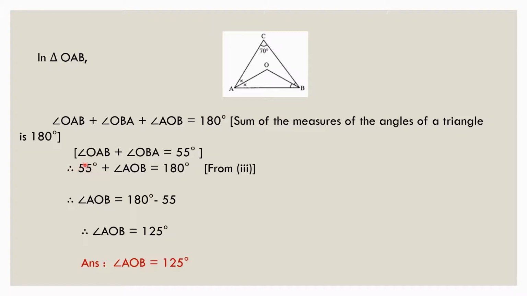Therefore, 55 degrees plus angle AOB is equal to 180 degrees, and angle AOB is equal to 180 minus 55, that is 125 degrees. Therefore, angle AOB is equal to 125 degrees.